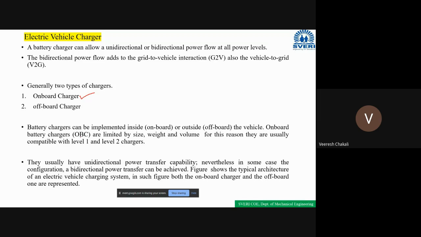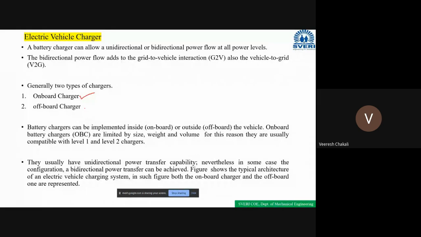That type of charger is called an off-board charger. For example, for off-board chargers, can we take a mobile charger as an example? Yes, sir. Because the battery is placed inside the mobile, but the charger is additional. We are connecting it externally.